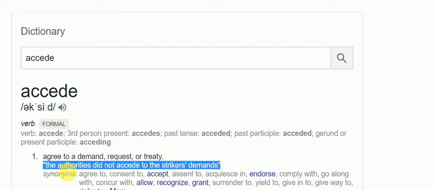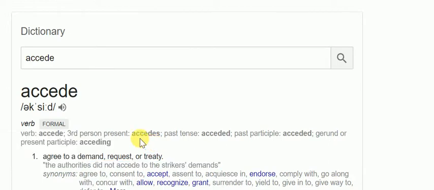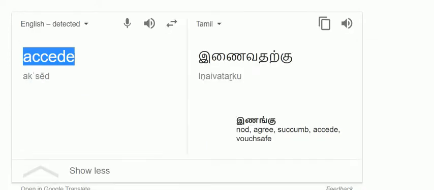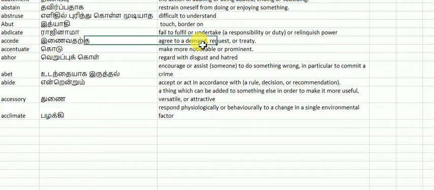I can show the sentence for this: the authority does not agree to the strikers' demands, so he does not accede. In Tamil we can say இணைவதற்கு. So accede is a vocabulary word used to mean agree, which is what we are seeing here: agreed to the demand.